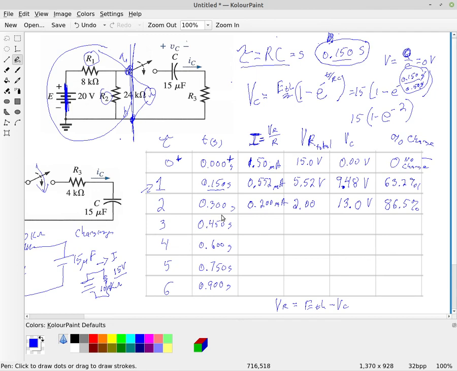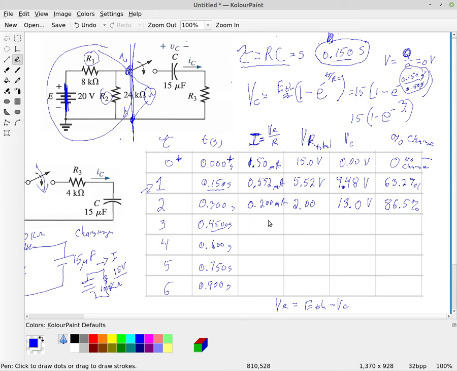Now, if we do the same thing for the third one, we're going to have 0.450 divided by 0.150, which of course gives us a nice integer value of -3 in this equation.